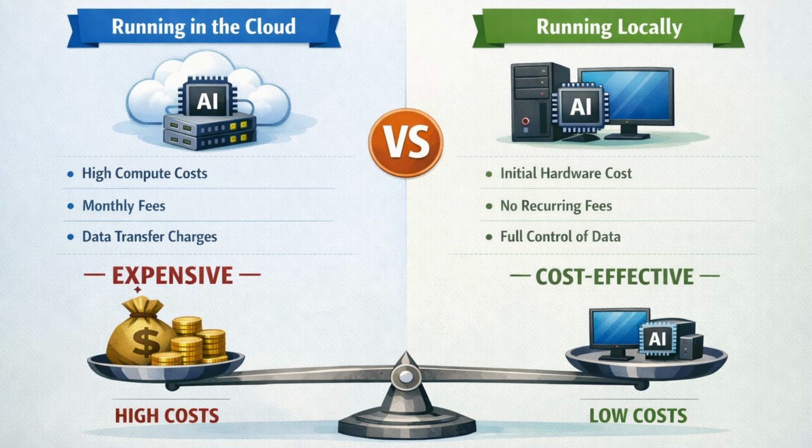Local AI, on the other hand, has no ongoing cost per query. Once the model is on your machine, you can run it as many times as you want, free forever. The trade-off is your upfront hardware. Running a large model locally is much smoother on a machine with a decent GPU or plenty of RAM. On an older laptop, you might find things running slower than you would like.